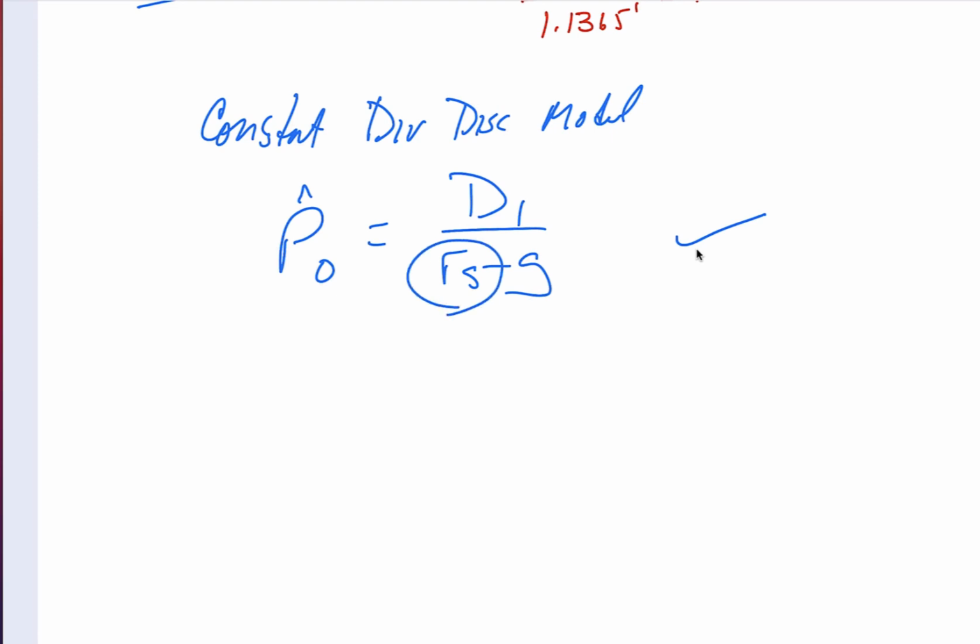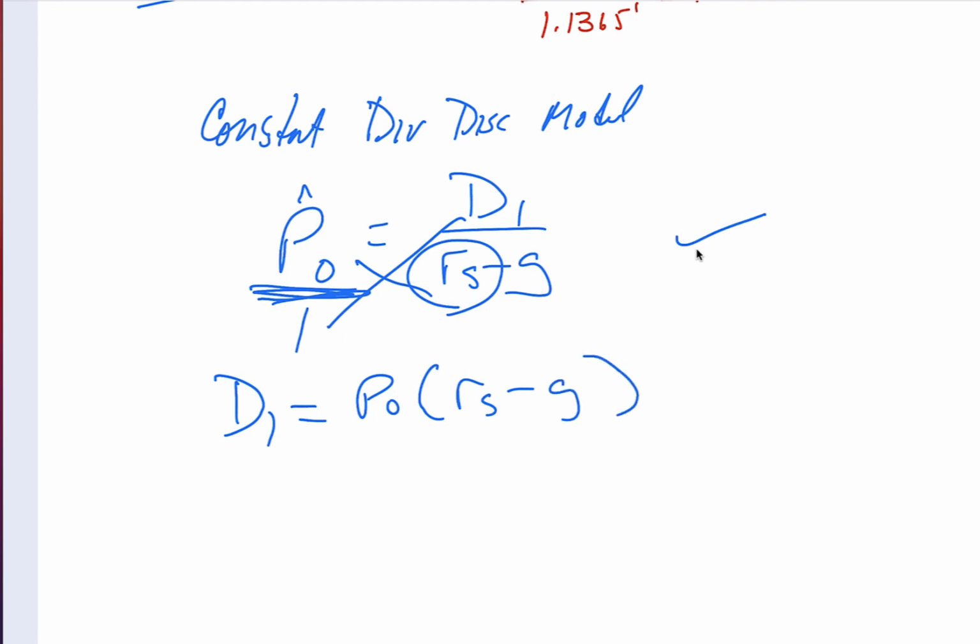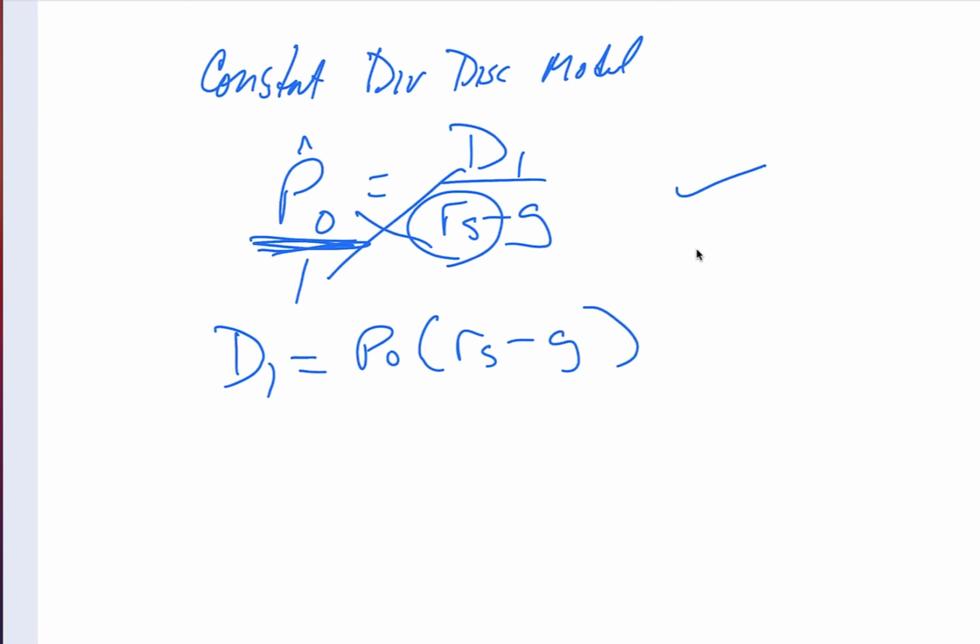In order to solve for Rs, we just put it over 1. It doesn't do anything. Cross multiply, set them equal. D1 equals P0 times (Rs minus g). Just basic algebra. Now, D1 equals P0 Rs minus P0 g.